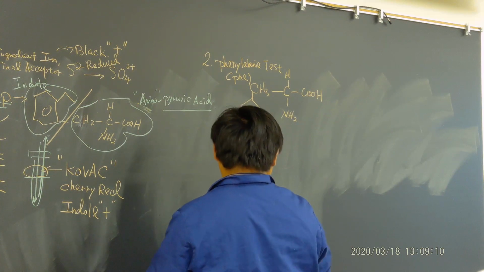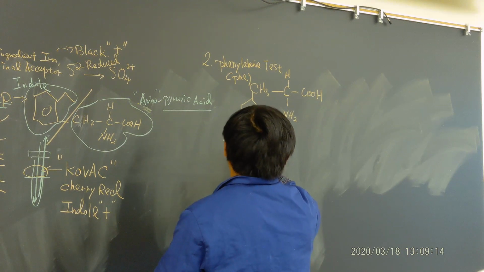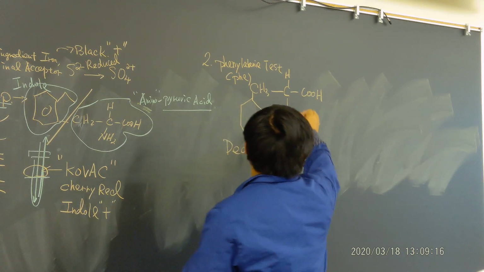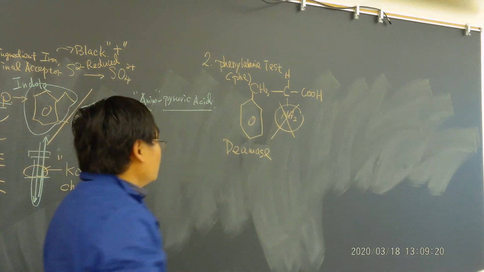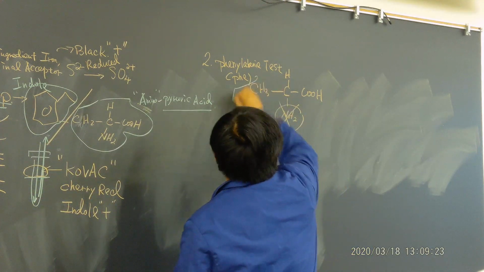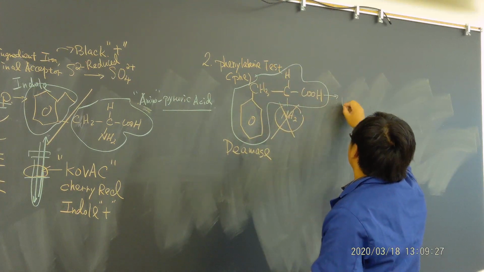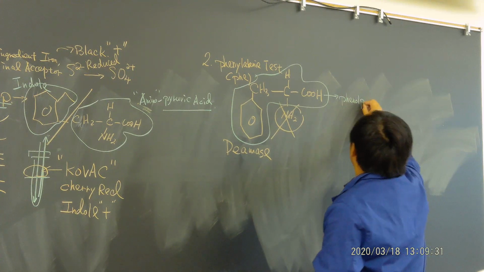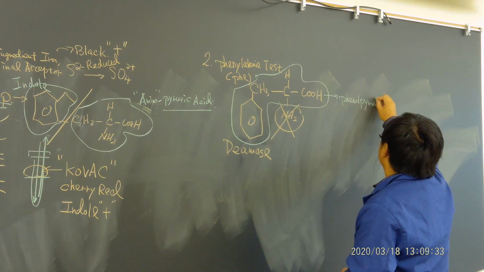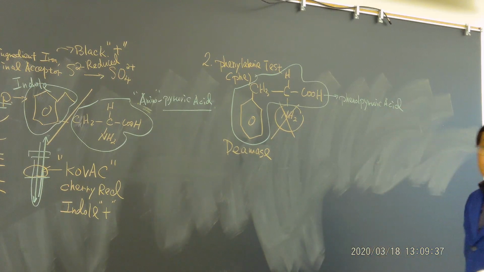What does deaminase mean? It means they take the amino group out of this guy. Once they take it out, what do they become? What is this part? Phenylpyruvic acid. Now, what is phenylpyruvic acid?